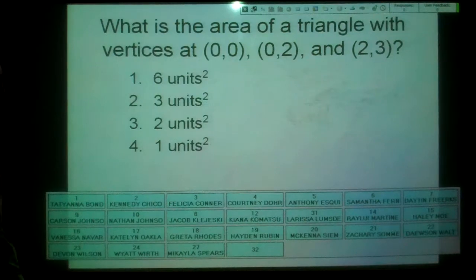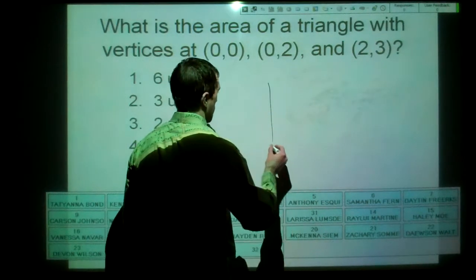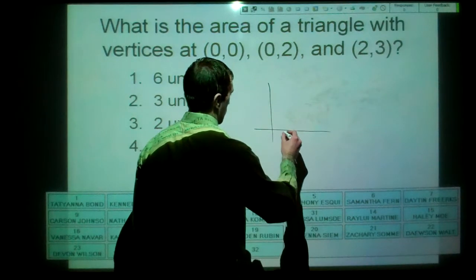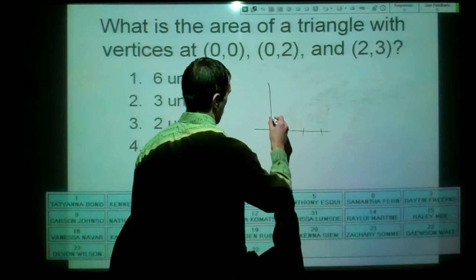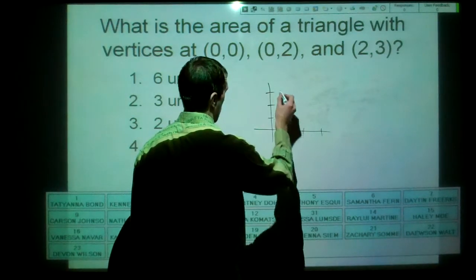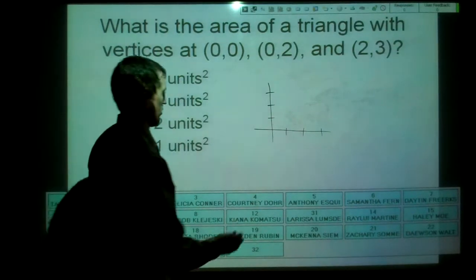Alright, what is the area of a triangle with vertices at 0, 0, 0, 2, and 2, 3? This one, we have to graph them. And this one's pretty tough because we're going to get a triangle that's kind of weird.